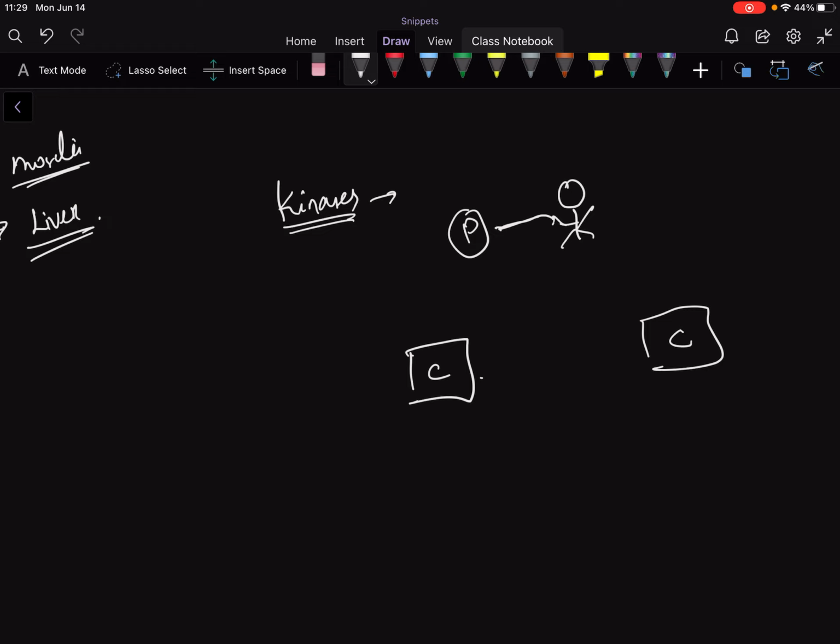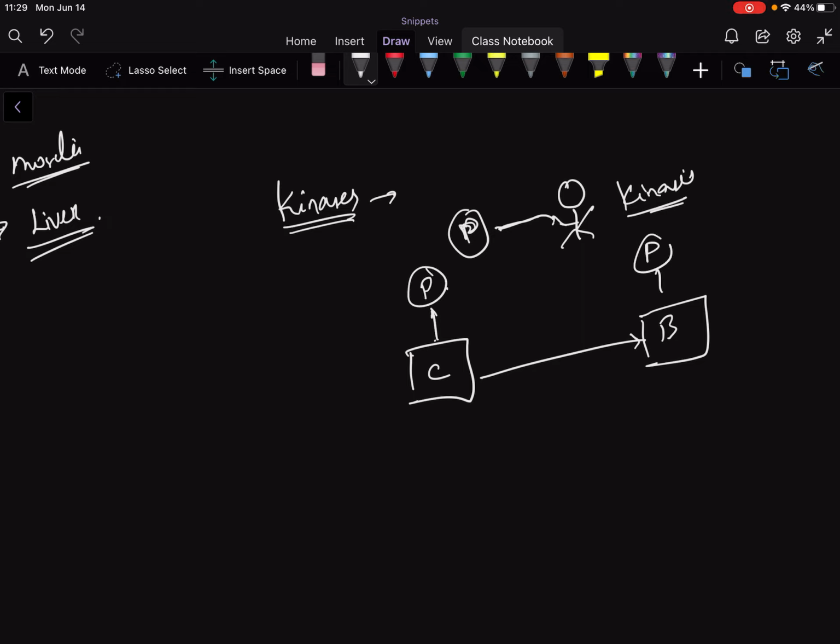Here is a car. Suppose this is a bike. The function of kinases is that they remove the phosphate from the car and add this phosphate on the bike. That is the function of these kinases.